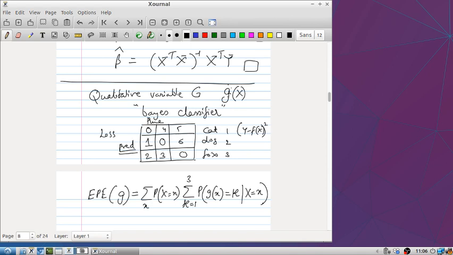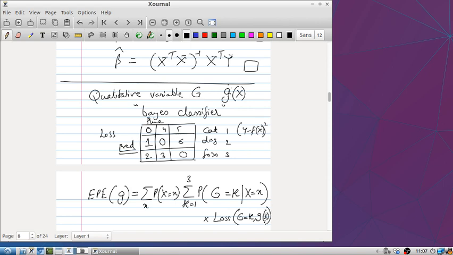Sorry, the random variable g takes 3 values, right? I'm just writing the EPE value, so I still have one other multiplication left, which is multiplying times the loss, the loss of g takes the value k, comma, your prediction g of x.